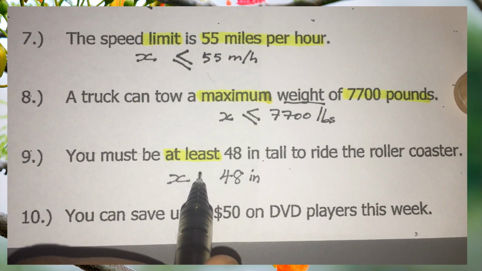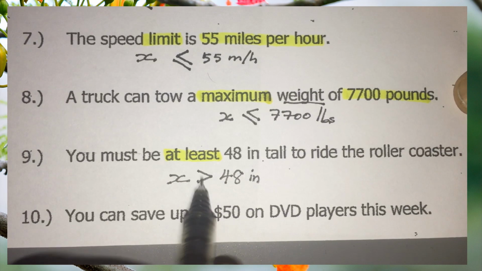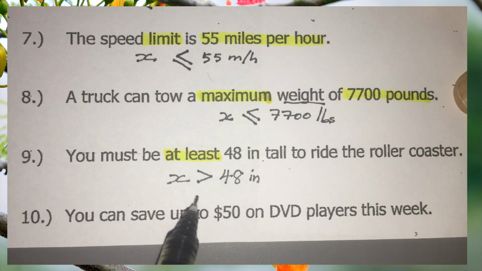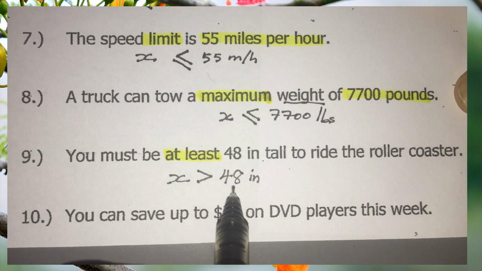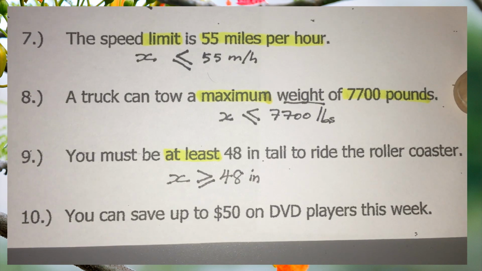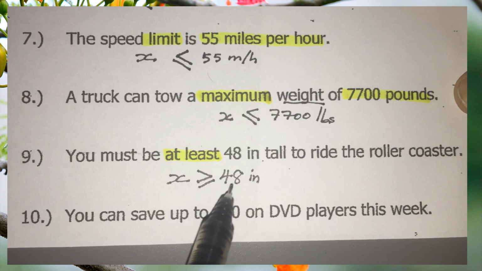So I can open the symbol towards the x, because the lowest it can go is 48. So this x must be greater than 48. It can be 48 as well, so I need to put that little line underneath it. So this is saying that x is greater than or equal to 48 inches.